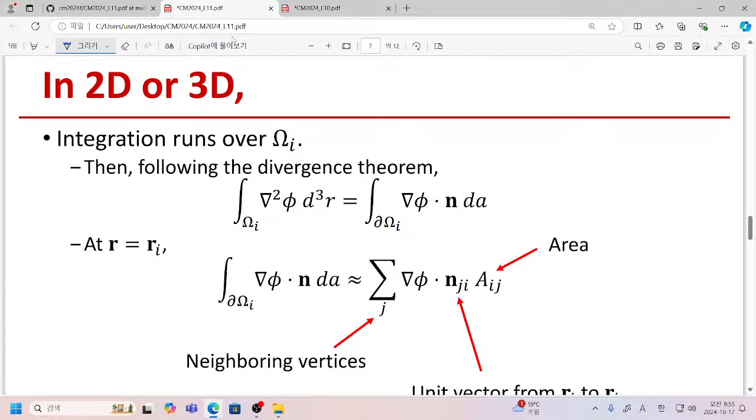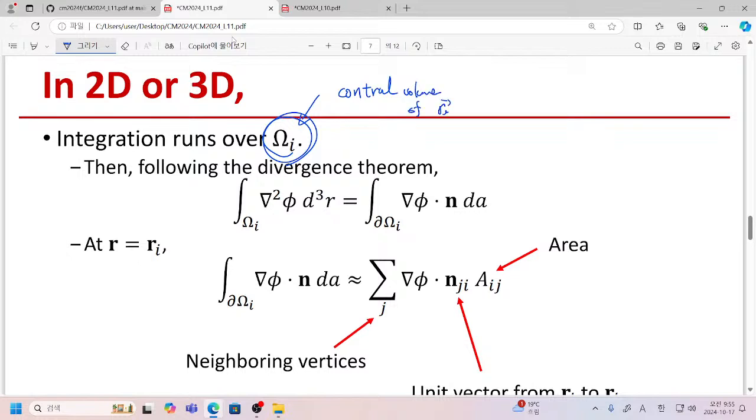Now, just like 1D, we integrate our equation over a short or highly localized domain. So the domain is shown here, omega sub i. Once again, this is a control volume of R sub i.